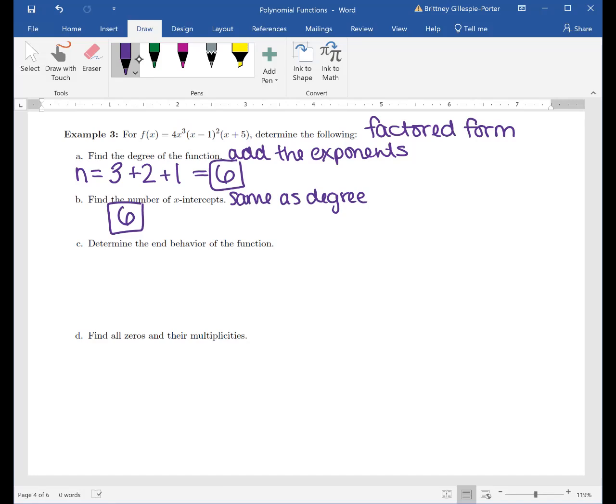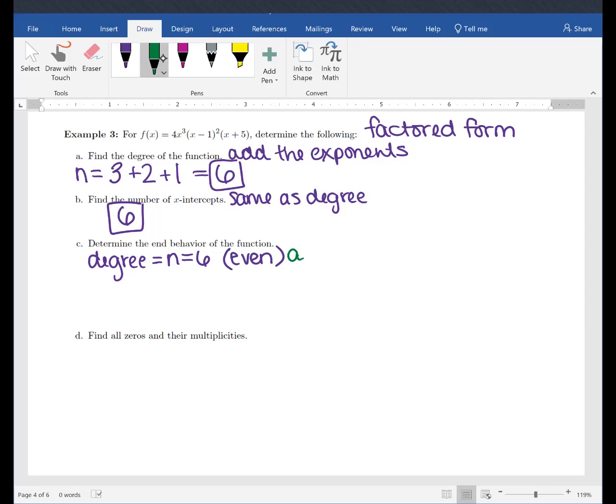End behavior of the function. Remember, end behavior is our arms. First thing we need to find is our degree, which we said was 6. Think to yourself, is 6 even or odd? Because it's divisible by 2, it's even. Remember, when you have an even degree, the arms are the same. After you find the degree, we need the leading coefficient.